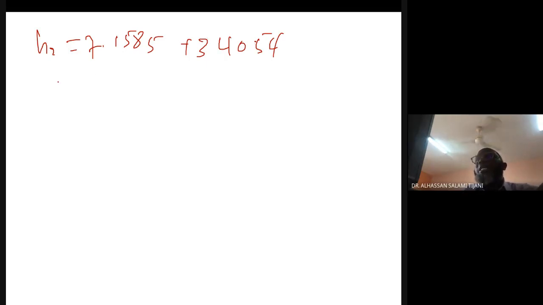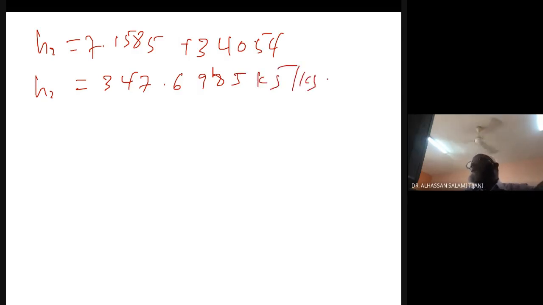Therefore H2 equals 347.6985 kilojoules per kilogram. This is the value for state 2. Next time when we meet, we will consider state 3. I will stop over here.